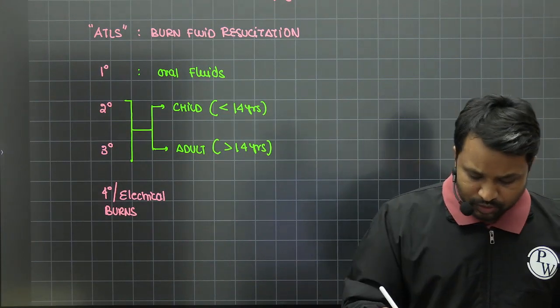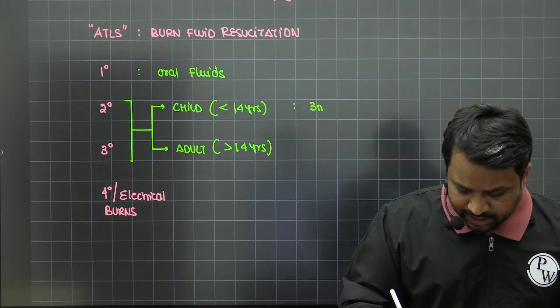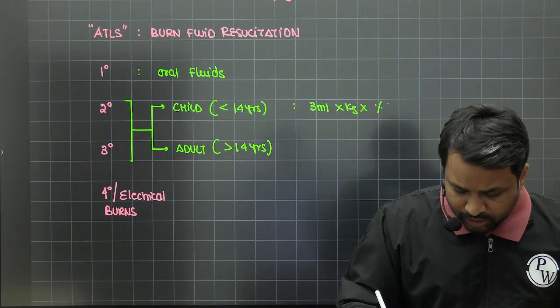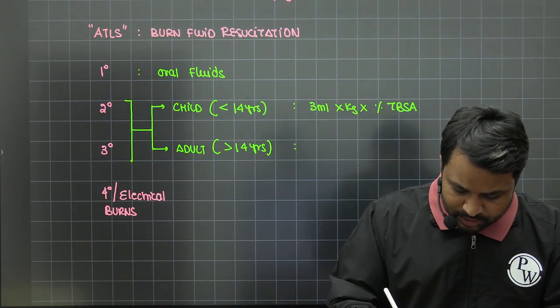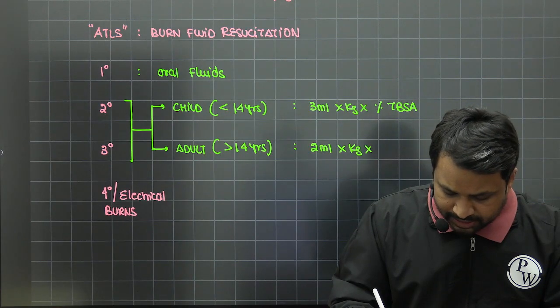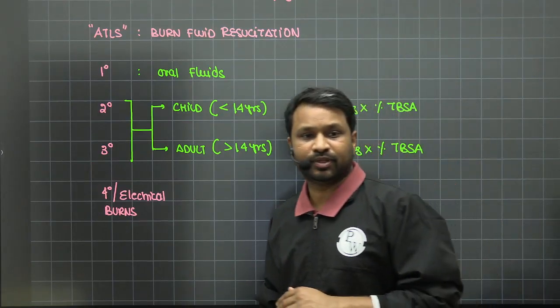Now, if you have a patient who's a child, ATLS says it should be 3 ml per kg per percentage of total body surface area burnt, right? On the other hand, for an adult, it is going to be 2 ml per kg per percentage of total body surface area burnt, right?